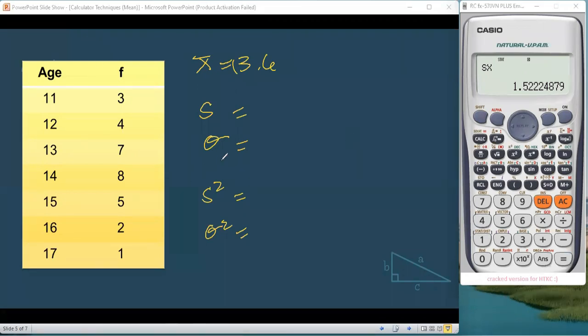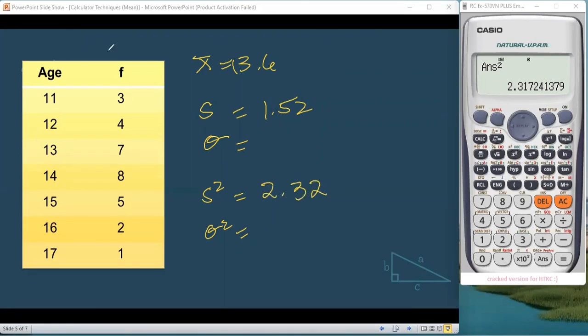So that is 1.52. So to get our variance, kailangan lang po natin square siya. So we have here squared 2.32 approximately.